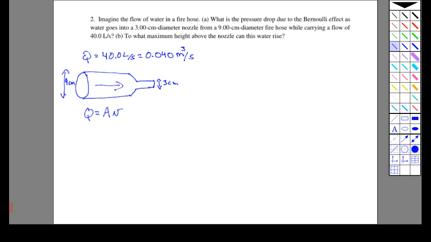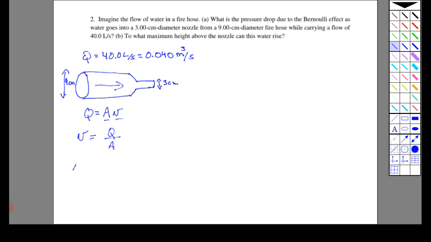Okay, so we have our flow rate. It's related to the cross-sectional area times the speed. We can solve for V. V is just the flow rate divided by the cross-sectional area. Great, so all we have to do is figure out the speed of the water through each of the sections, through the hose and through the nozzle.